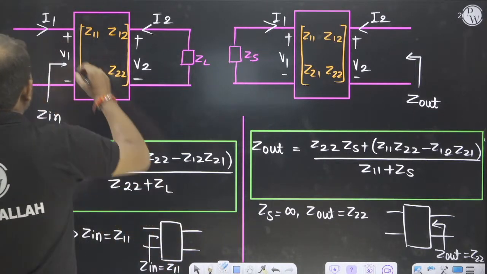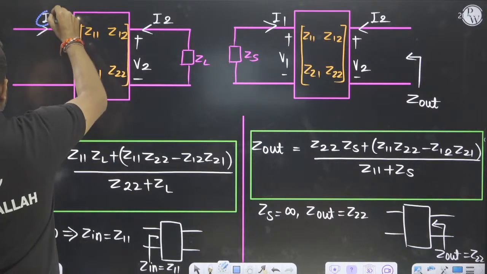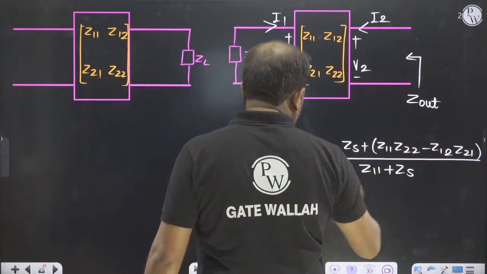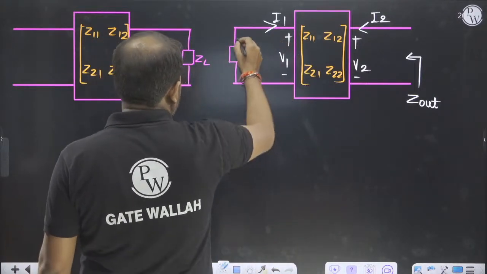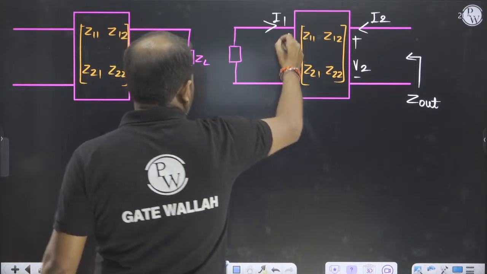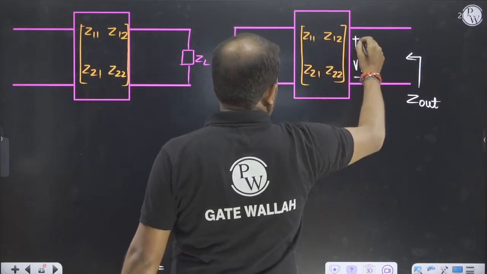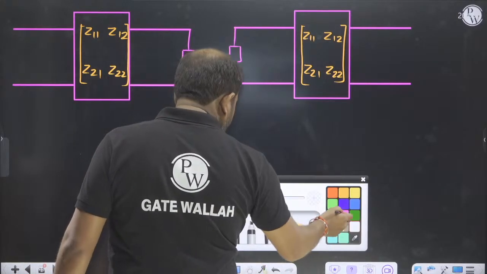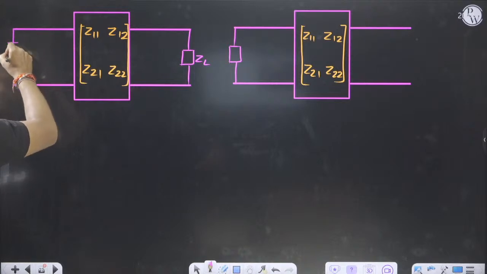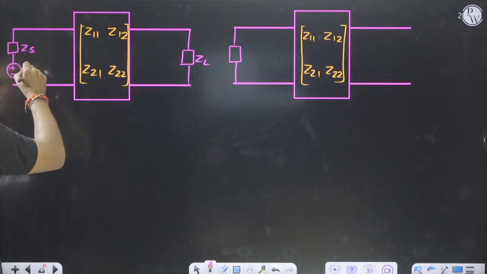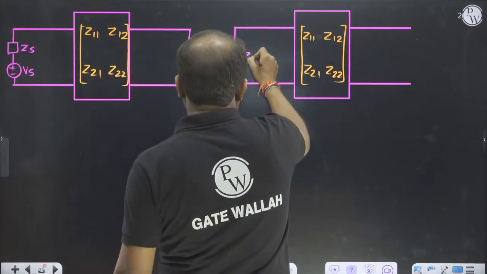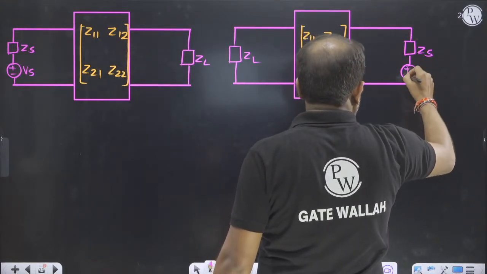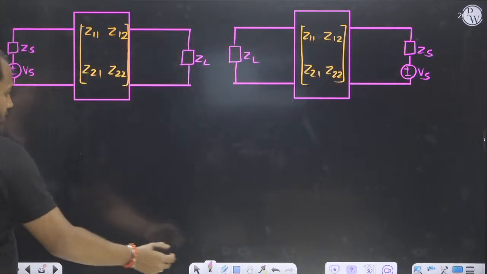Next is VTH and RTH. Okay, so for this case what will happen?